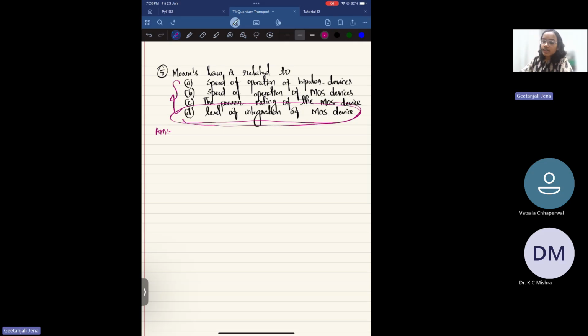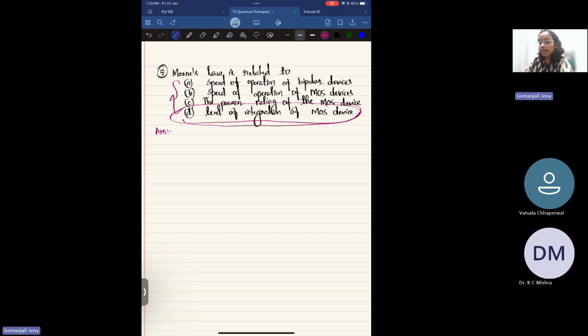Okay. So it's related to the level of integration, like the compactness of the MOS devices. So the statement is that the number of transistors roughly doubles every 2 years because of the invention of the integrated circuit.